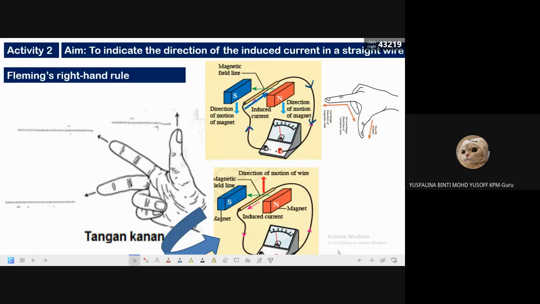So this is the activity, to indicate the direction. We already know the induced current is produced when the conductor cuts the magnetic fields. Let's say this is the magnetic field and there is a conductor here that cuts it.